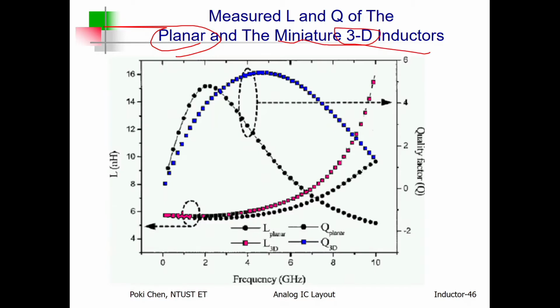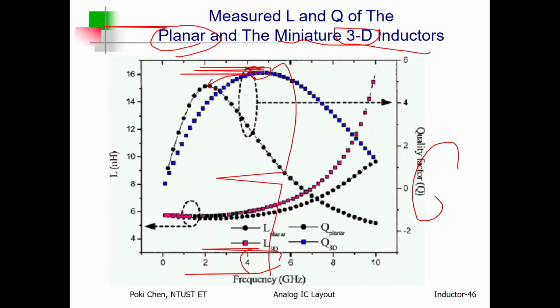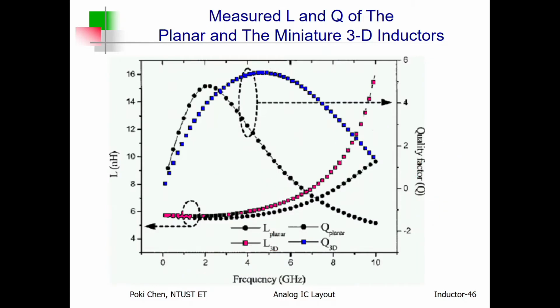You will see, it's really amazing. If you focus on Q factor, you can see, wow, the Q factor is even higher than the planar spiral inductor. And also that it can operate at much higher frequency here, right? The high frequency performance actually is much better for such kind of 3D inductor than the planar inductor.